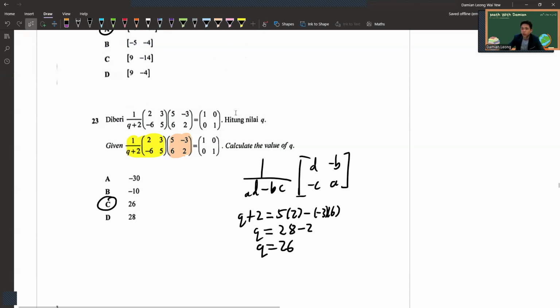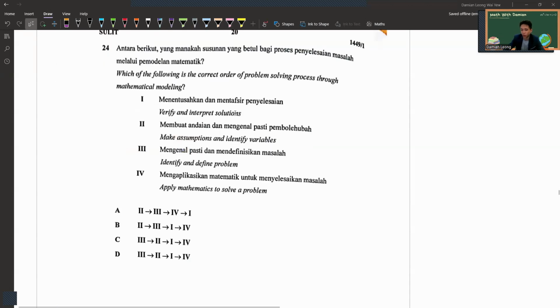Then question 24. Which of the following is the correct order of the problem-solving process through mathematical modeling? So for mathematical modeling, the first thing we have to do should be identifying and defining the problem.